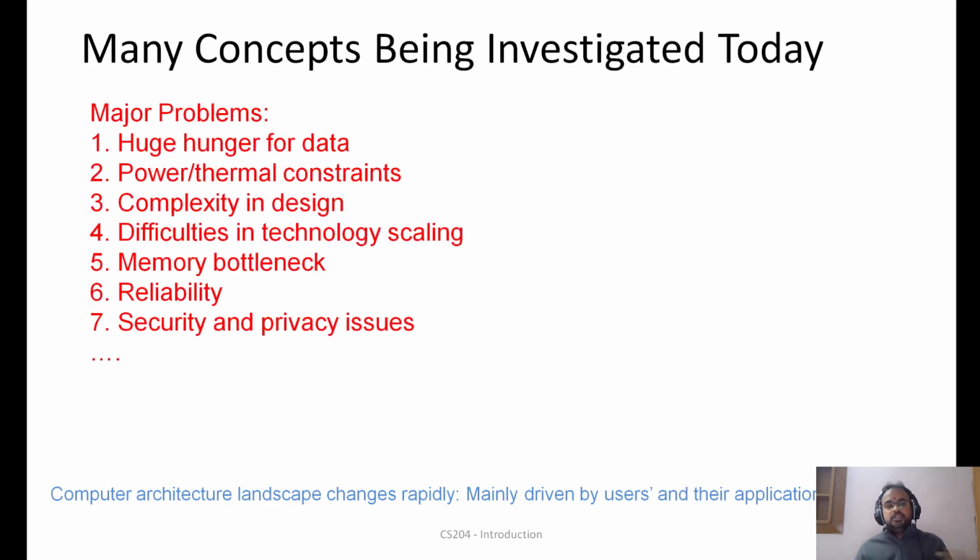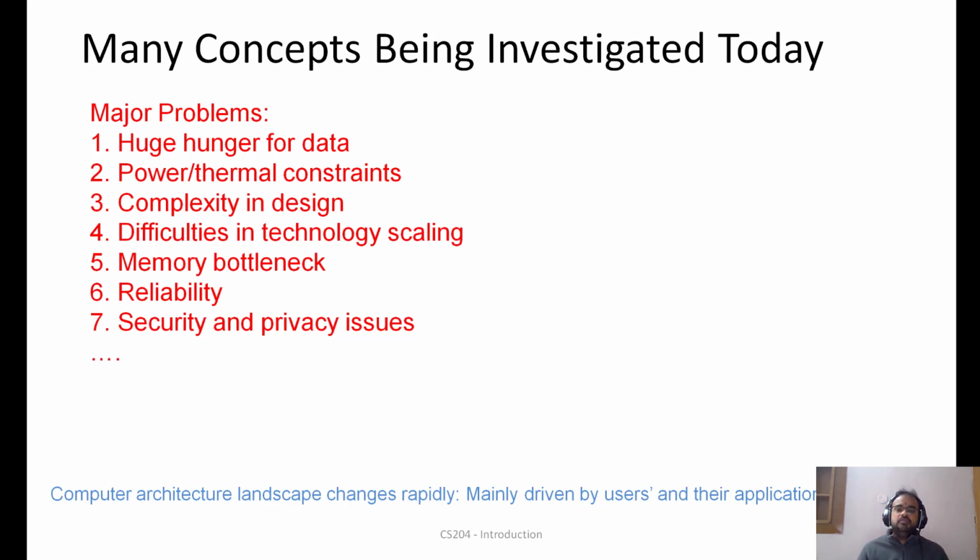If you look at the major problems that we have today, we have applications which have huge hunger for data. There are severe power and thermal constraints in the products that we build today. If you look at the complexity of the design, it's increasing day by day. And then we have difficulties with technology scaling.